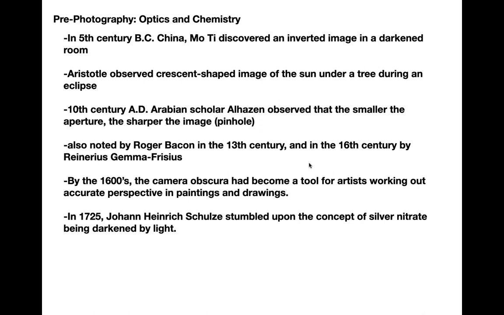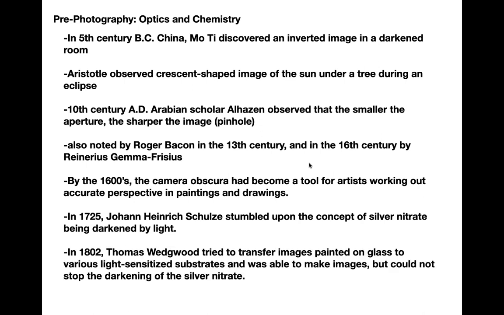So this is a very important step, but still, in the 1700s, no one quite put all the pieces of this puzzle together yet. You have lots of people making different discoveries in things that are important to photography, but no one can see the big picture, so to speak, and put it all together.